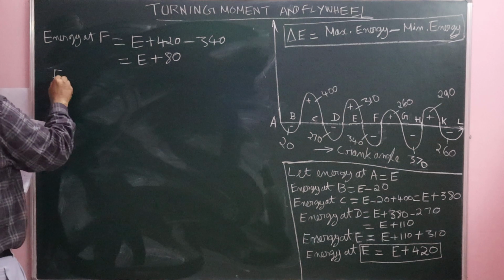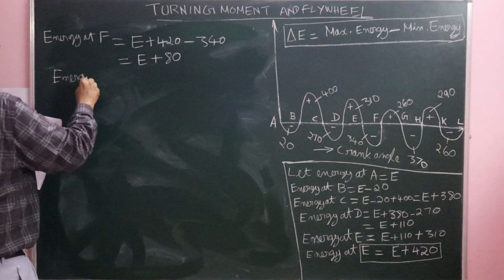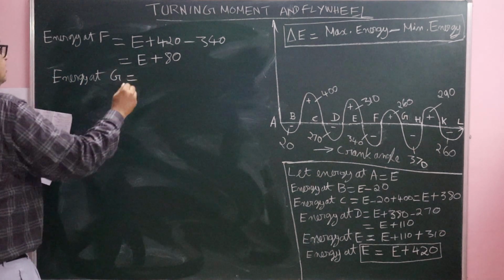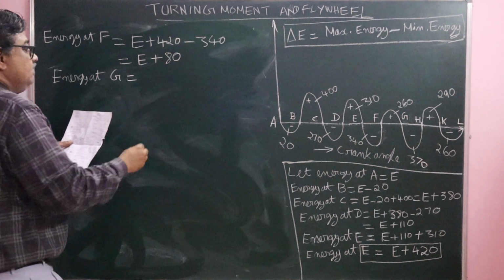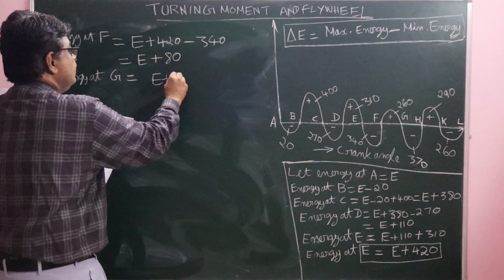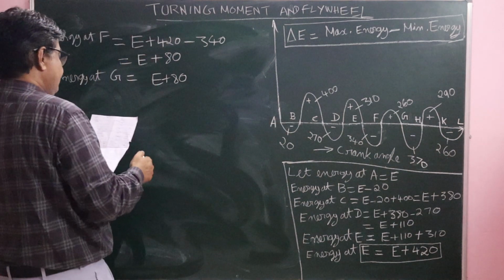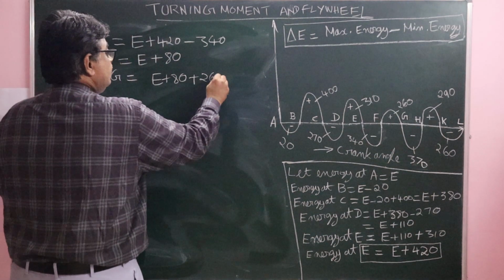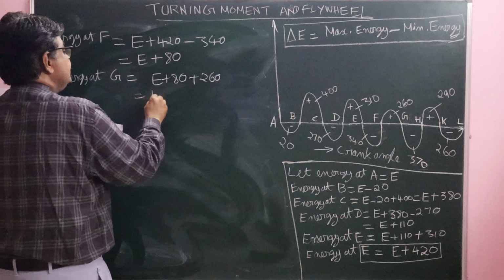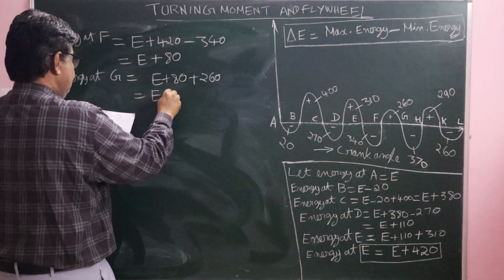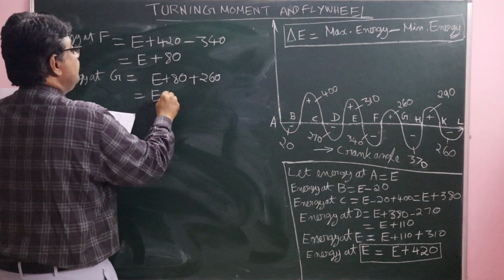Energy at G is E plus 80 plus 260, therefore this is E plus 340.